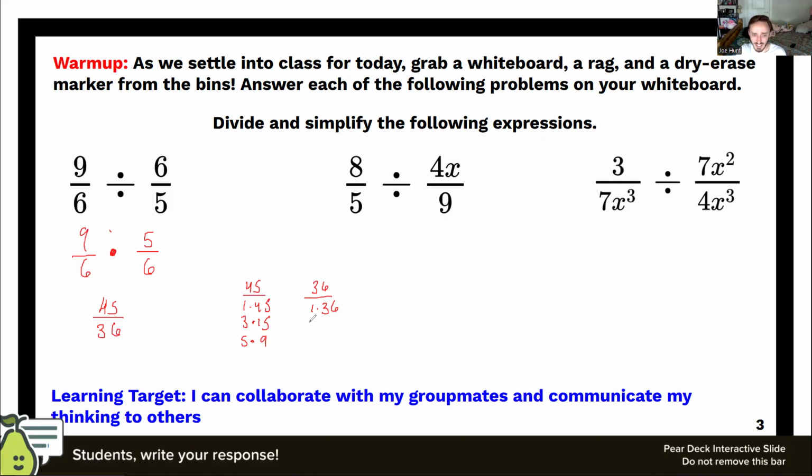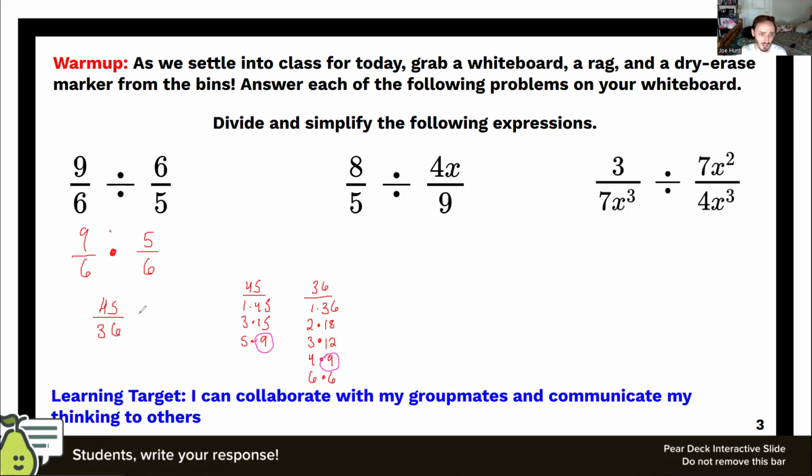If I think about 36, it's a little more highly divisible. I could do 2 times 18 is 36. I could do 3 times 12 is 36. I could do 4 times 9 is 36. 5 doesn't divide nicely into it. I could also do 6 times 6. But if you look at their common factors, they both have a factor of 9 in common, and that's the largest one that they can share.